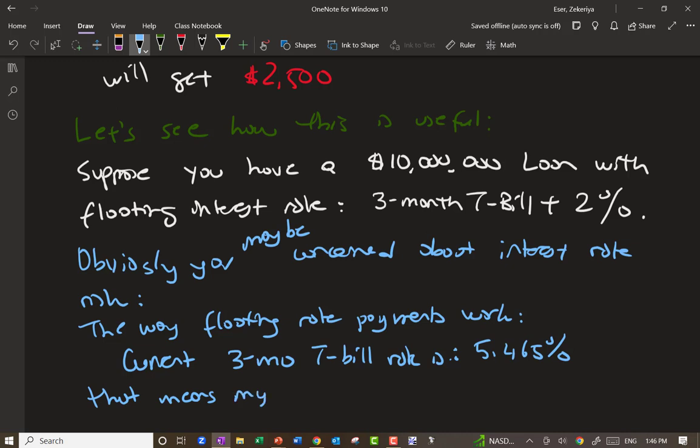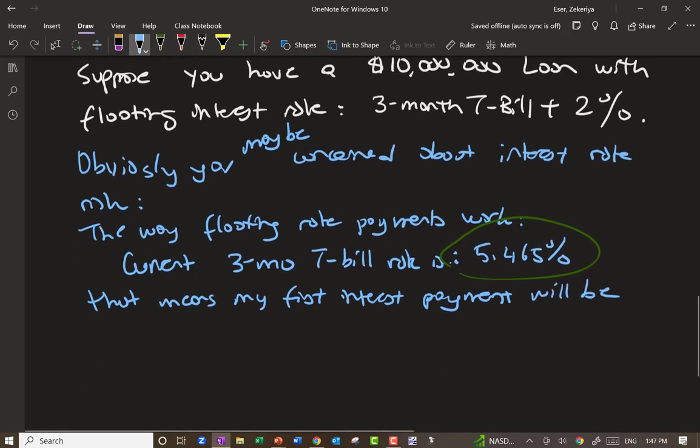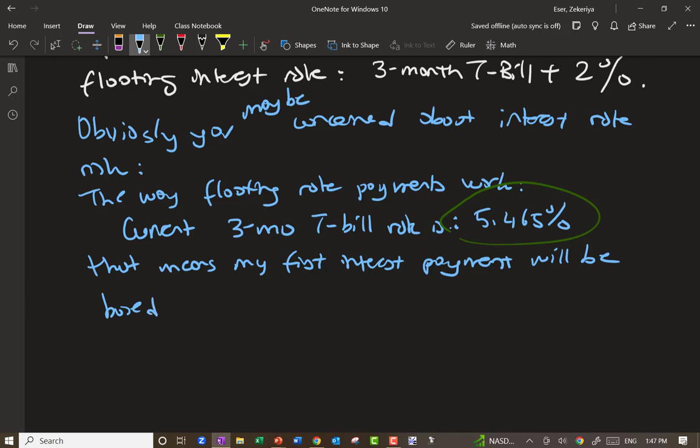That means my first interest payment will be based on that rate.